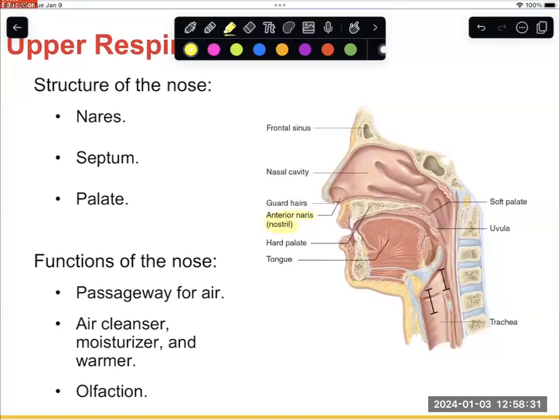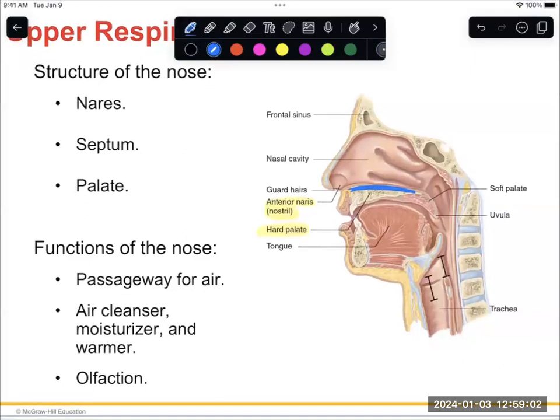We have a septum that is going to divide the right and left compartments or cavities of that nose. That hard palate here, this is what creates a hard floor to that nose. It also creates that hard roof to your mouth.